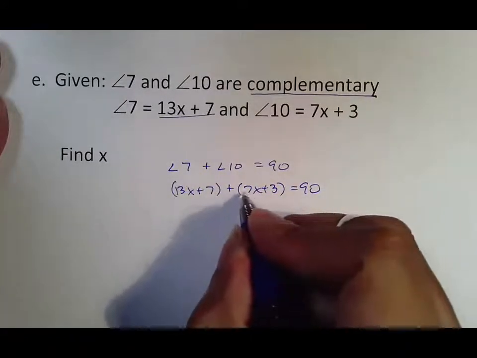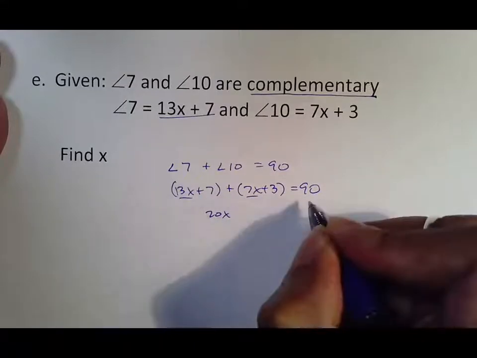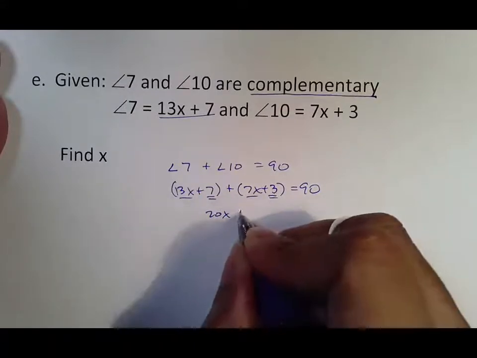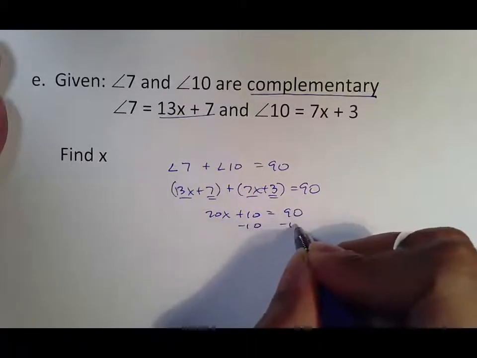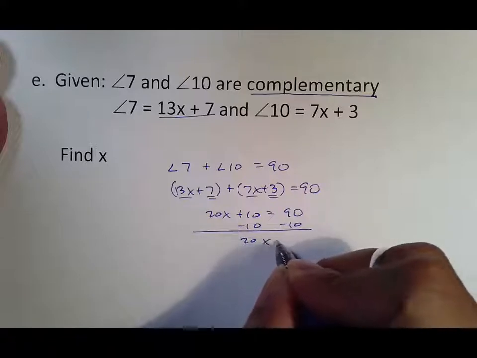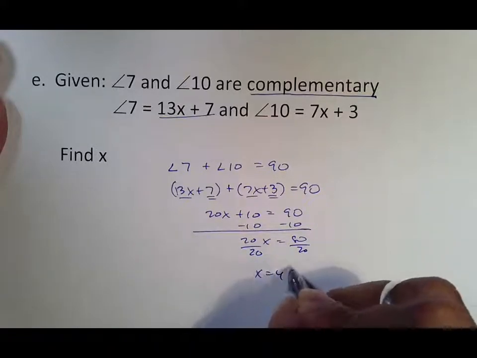From there, because I know the plus sign doesn't change anything and there's nothing going on there, I put my like terms together to get 20x. 7 and 3 make 10. And then from there, I just simply solve as usual. And you get your answer.